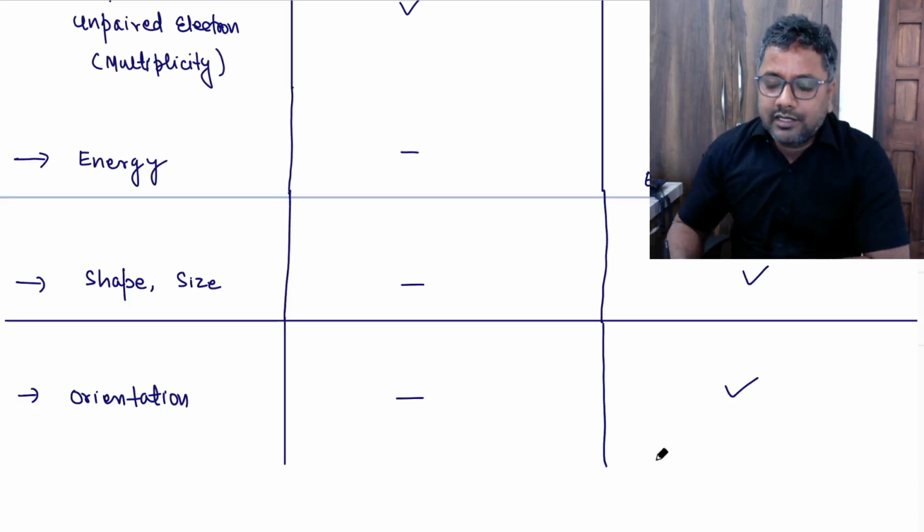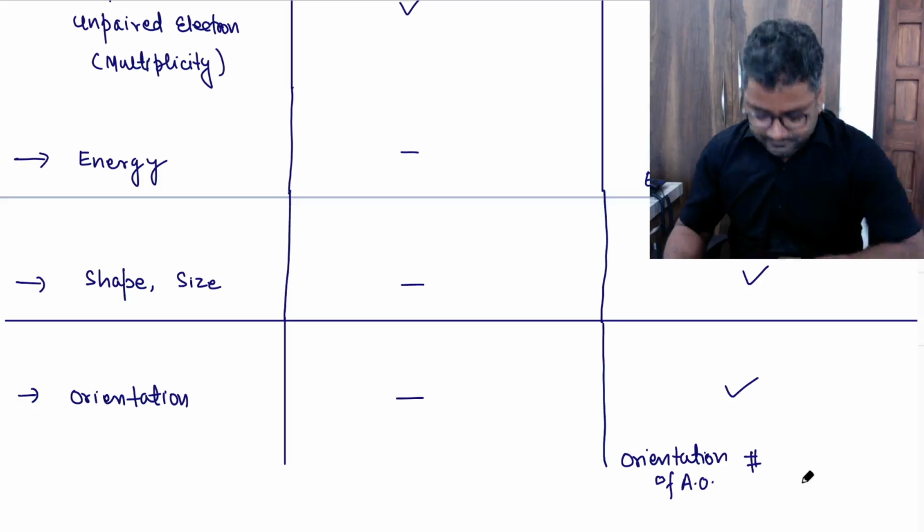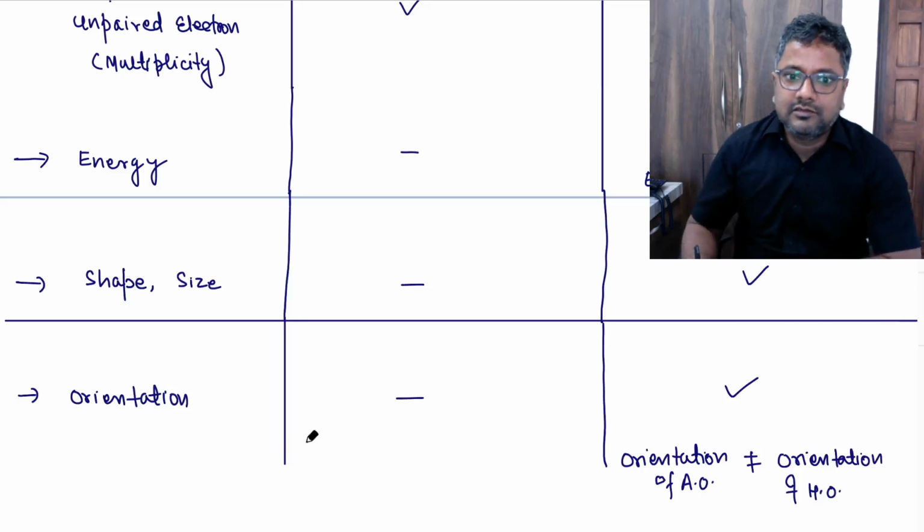So the orientation of the atomic orbital is not equal to the orientation of the hybrid orbital, right?